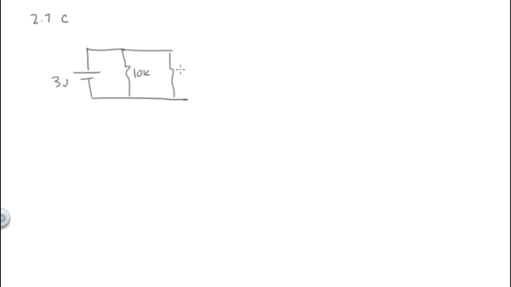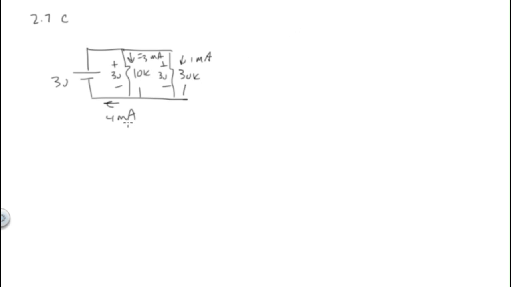So I have 30 volts here. I have 30 volts here. And I can find my current. It's what? 30 divided by 10, or 3 milliamps. And 30 divided by 30, or 1 milliamp. So I have 3 milliamps coming down here, 1 milliamp coming down here. What's the total here? 4 milliamps. So I know my current I is equal to 4 milliamps.